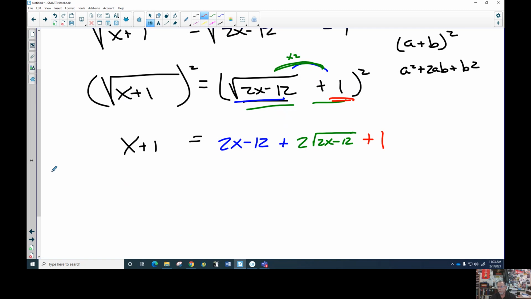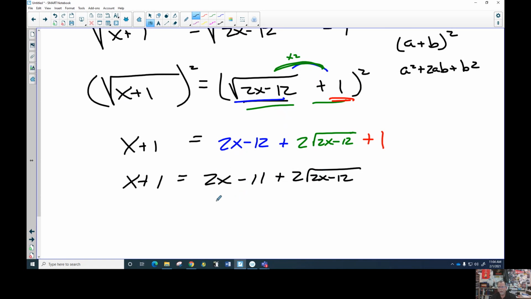So now again, look what's happened. If you look at the overall sentence, we only have one radical left in it. So I'm going to simplify this first, calling this x plus 1 equals, I've got a 2x, a negative 12 plus 1 is a negative 11, plus 2 root 2x minus 12. So now I want to isolate this radical.